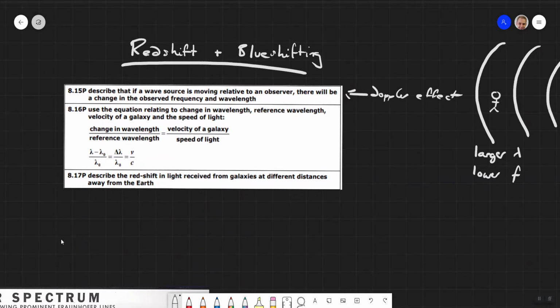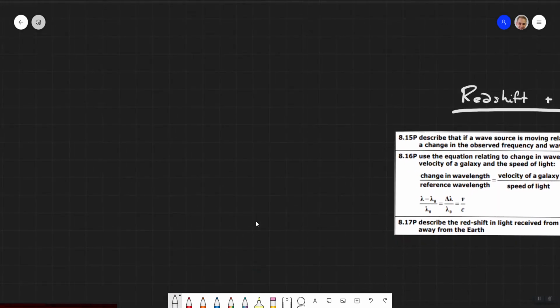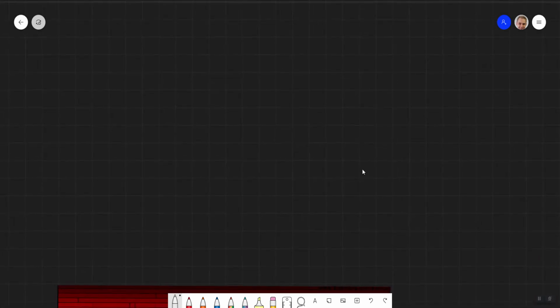So let's imagine that we look at the sun. If we look at the sun, you put the sun's light through a prism. You have white light coming in, and you split it up by using a prism, so you get refraction.